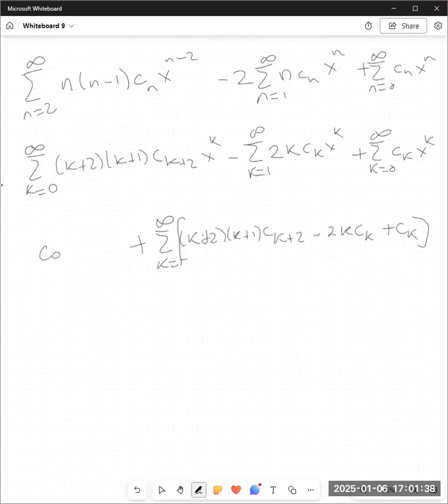And when k is 0, this is c_0, and when k is 0, this is 2c_2, like that, and (k plus 2)(k plus 1) c_(k plus 2) minus 2k.